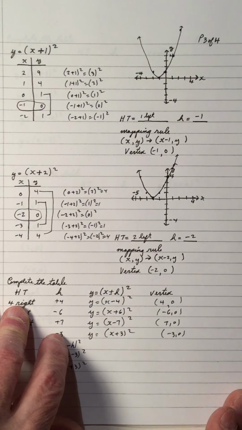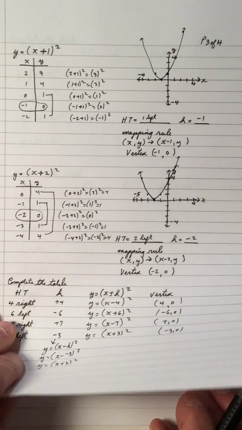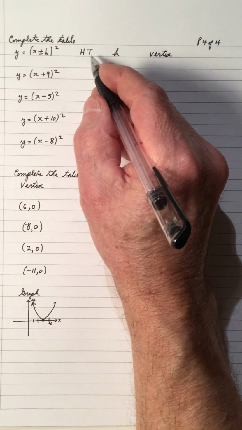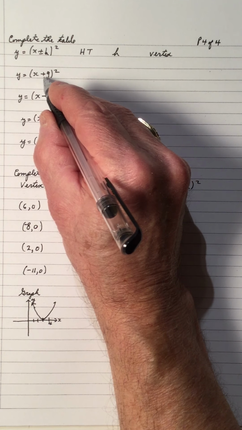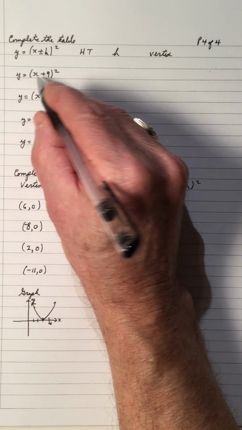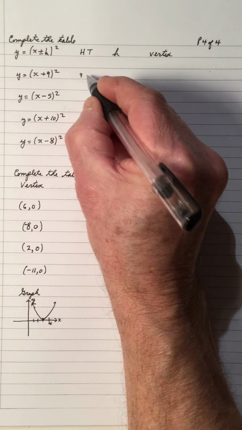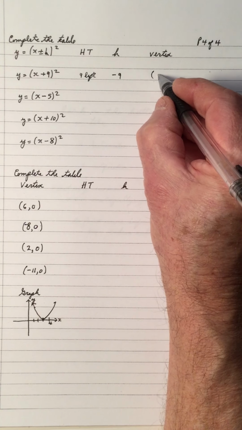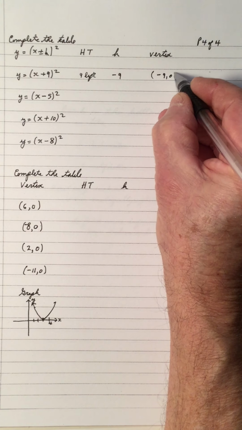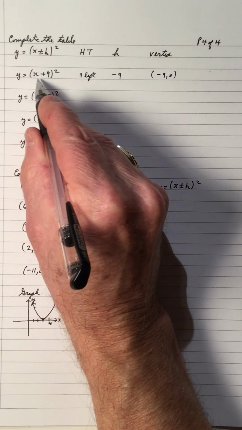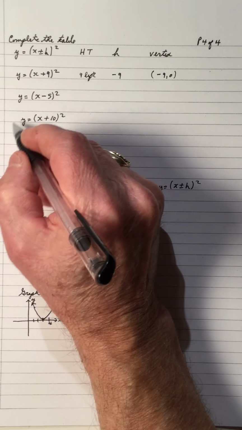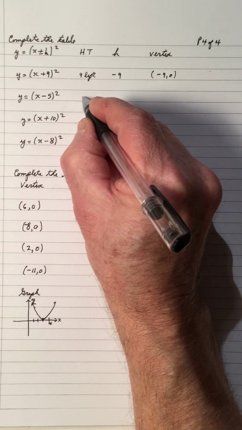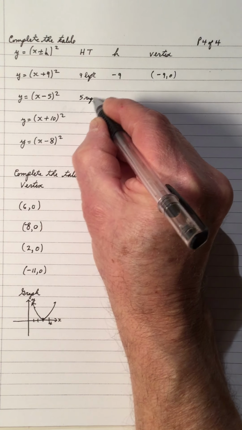So just be careful. Let's complete the table. We have an equation. What's the horizontal translation? This takes a negative 9, so it's 9 left because it's the opposite. Negative 9. The vertex is negative 9, 0. It takes a negative 9 to make this bracket in here a 0. So negative 9 makes y 0. X minus 5, so it's 5 right.